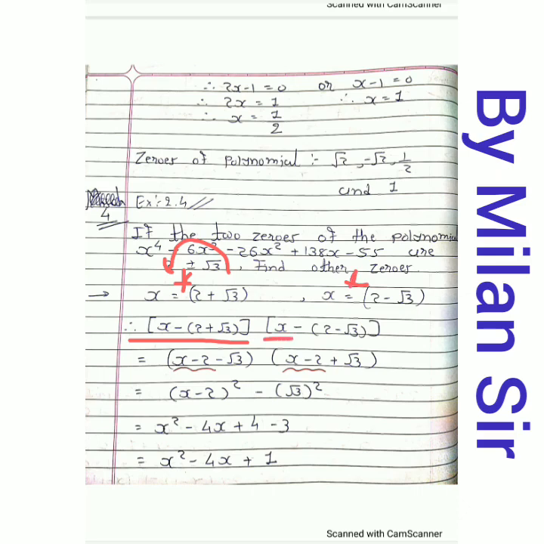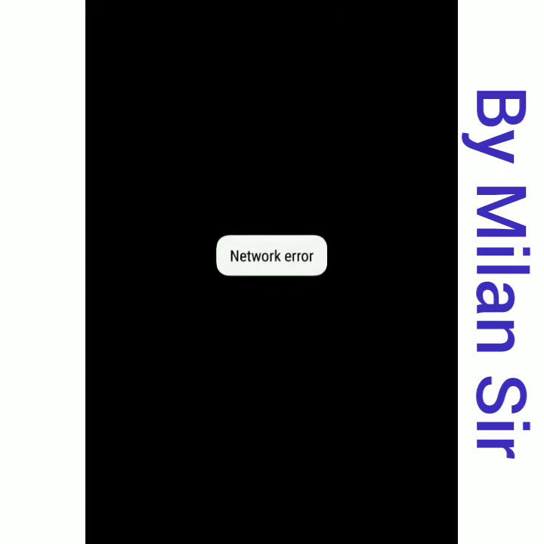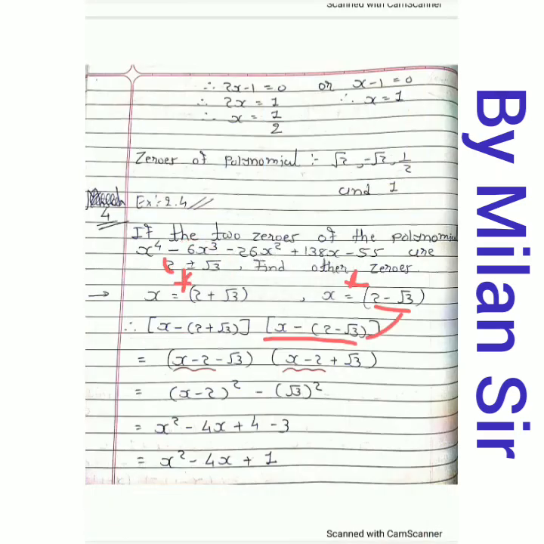So x minus this bracket, 2 minus under root 3. Now open these 2 brackets. So x as it is minus 2 and plus minus minus under root 3. Now in the second bracket, x as it is plus minus minus 2 and minus minus plus under root 3.